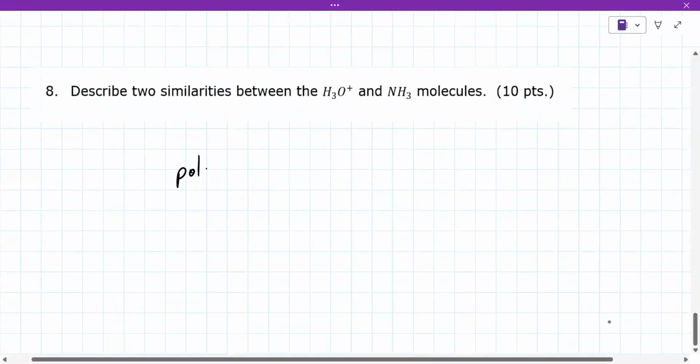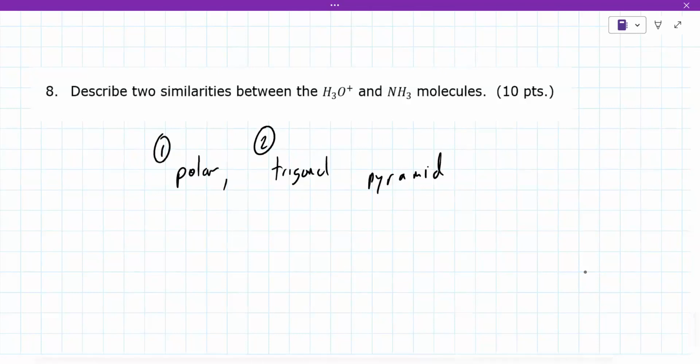You can say they're both polar and they're both trigonal pyramid, with the H's having 3 bonded pairs. That's one, that's two. You can add more if you want. Less is more, in my opinion. Okay, that's fine.